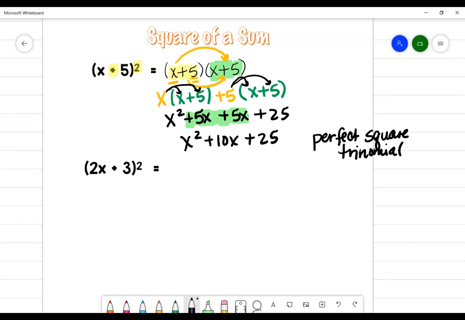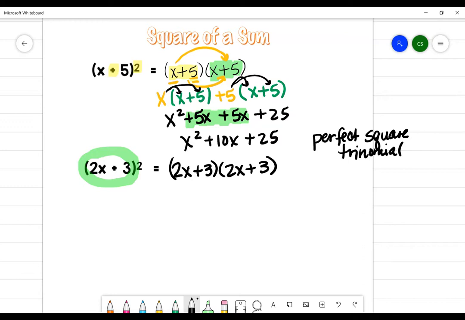2x plus 3 squared. That means I'm taking this entire binomial, and I'm multiplying it 2 times so I can expand it. Because remember, an exponent tells me how many times I actually have something.